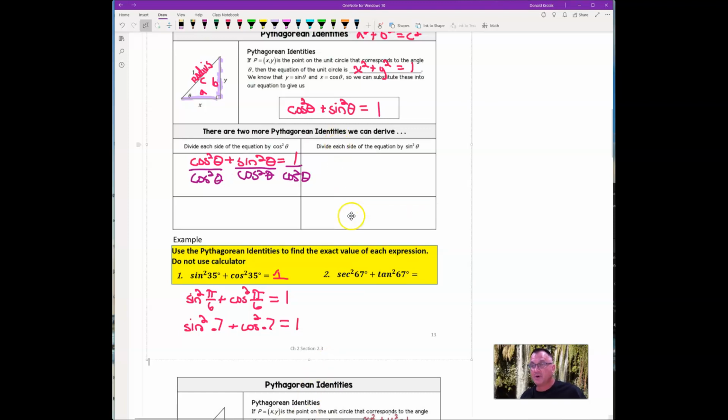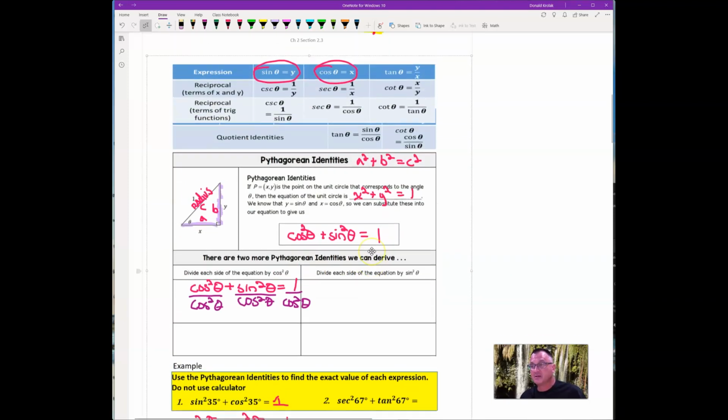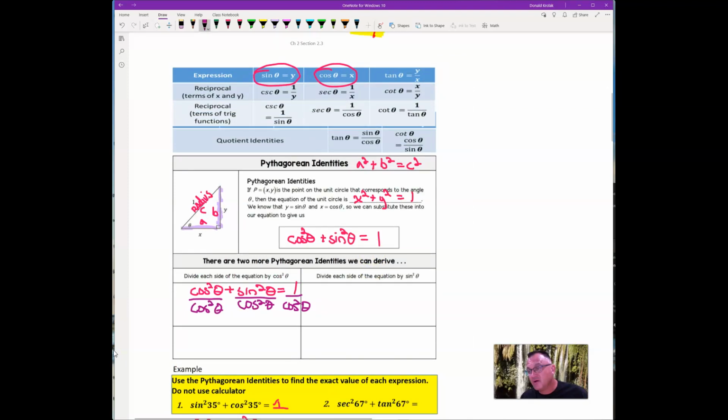Now, if we go up to our identities here, okay, cosine over cosine, they're the same, so that's just 1. Plus, now if you look at sine over cosine, sine over cosine is tangent. These are squared, so this is going to be tangent squared.